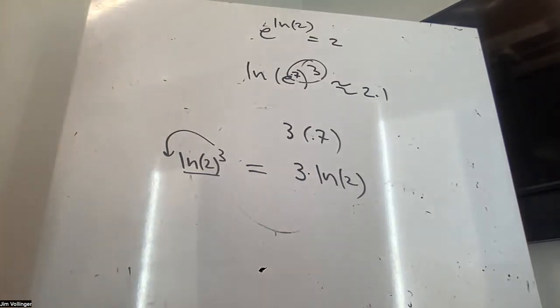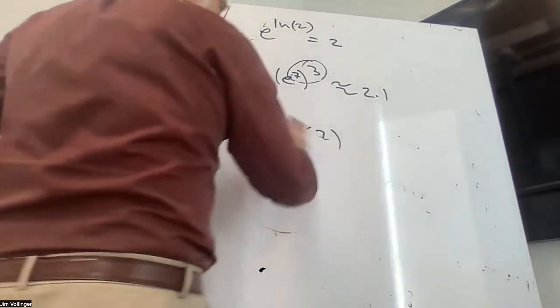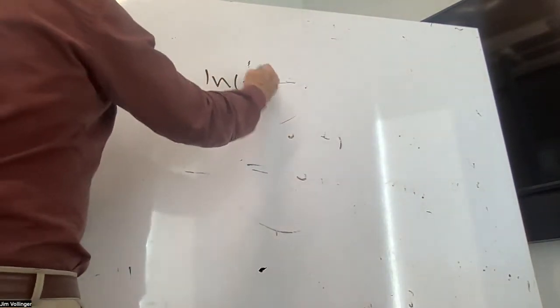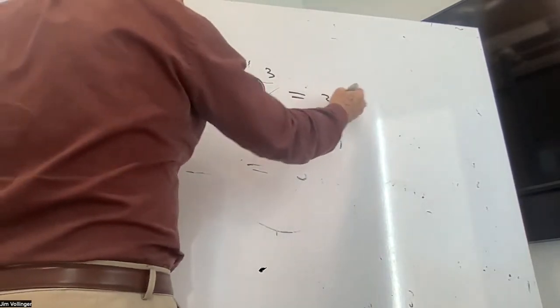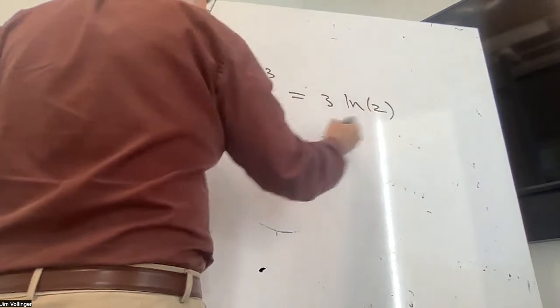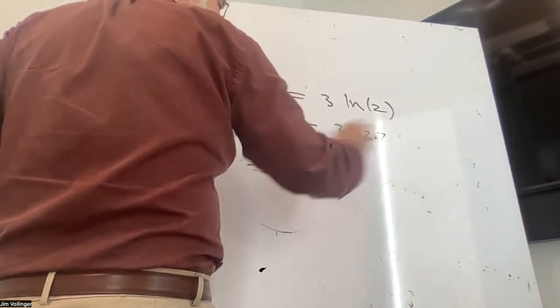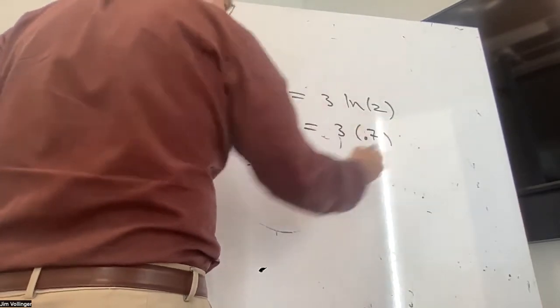So hopefully, when you go back and just do this without commentary: the original problem was the ln of 2 raised to the 3. Well, our log rule gives 3 ln of 2. And that's equal to 3 times 0.7, approximately.